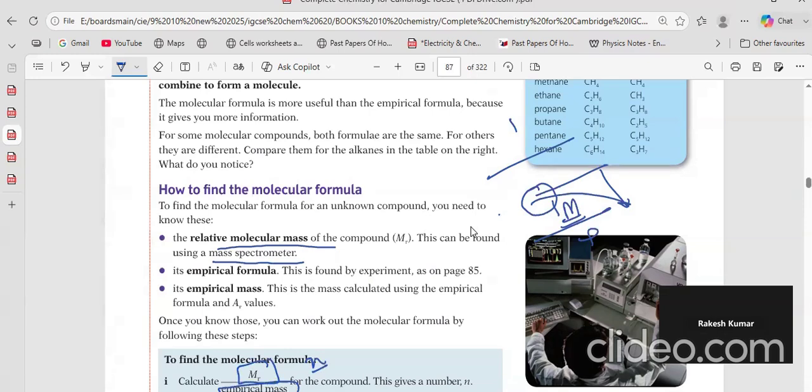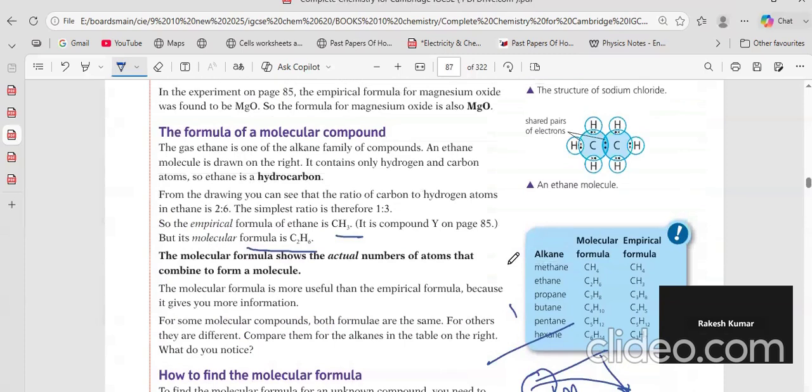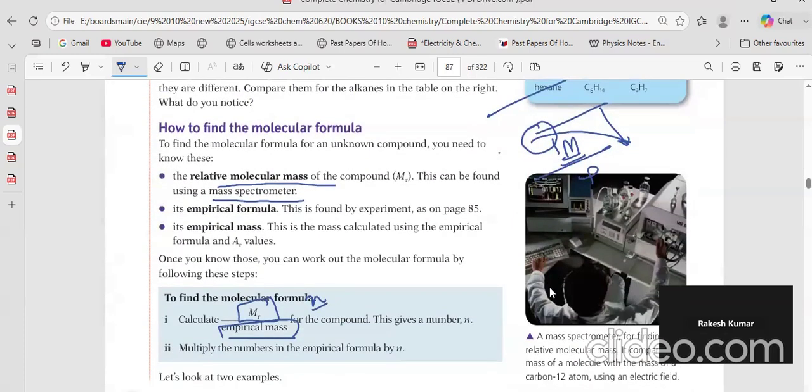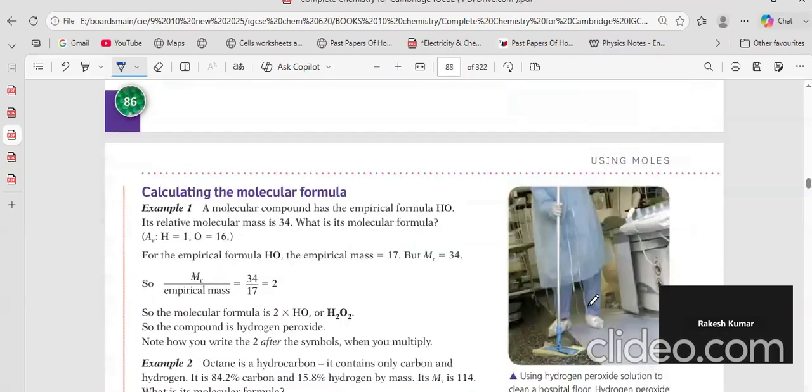Because if CH3 is the simplest ratio, there could be 2 CH3 like that. This is 1 CH3, this is another CH3. And whatever multiple balances the electrons, that's the final formula. So that ratio between the molecular mass and the empirical mass will give you the formula.